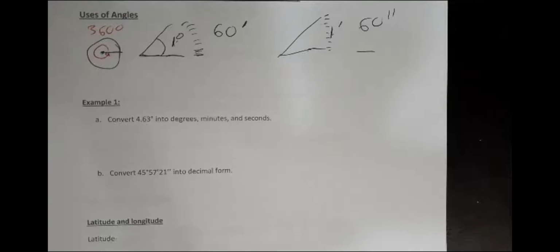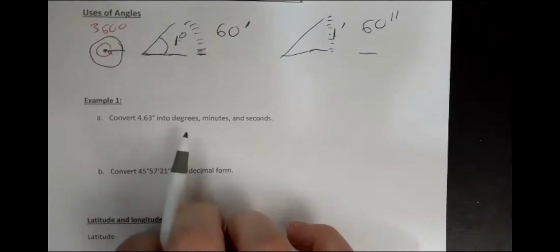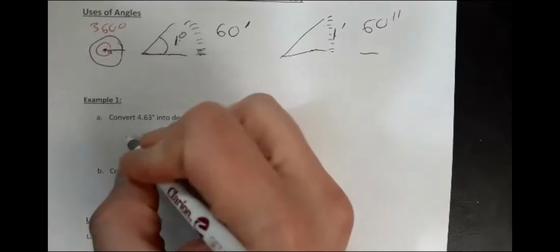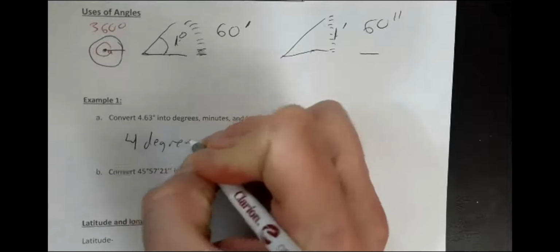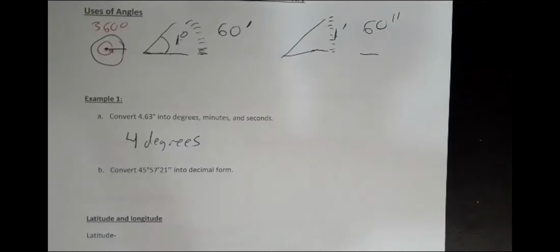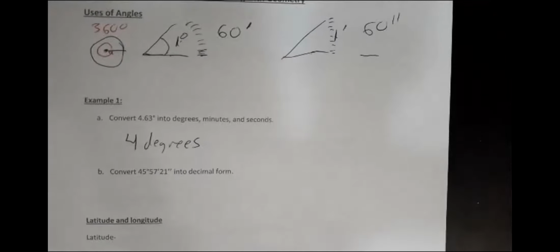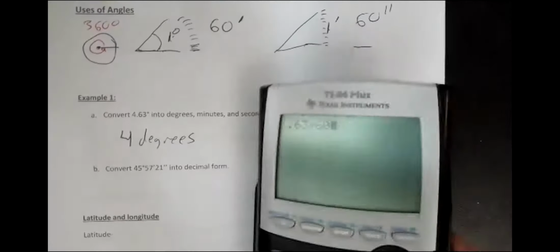And so the first thing, we want to start with the number of degrees it has. It has 4 whole degrees. And there are a few different ways to do this. But we have to account for that 0.63. So the first thing I would do is I would multiply 0.63 by 60.